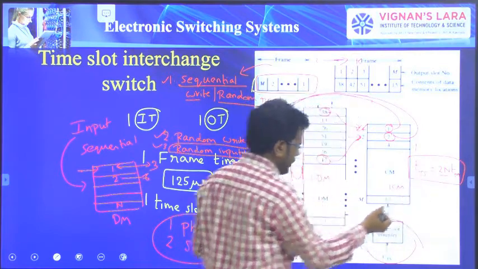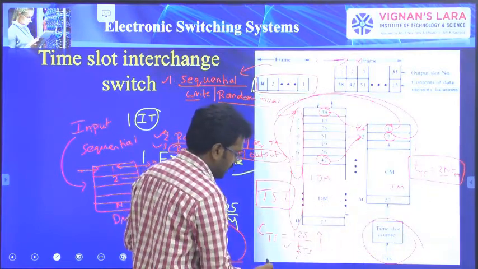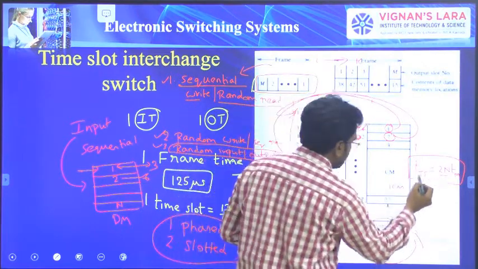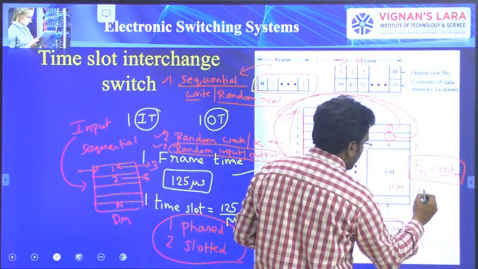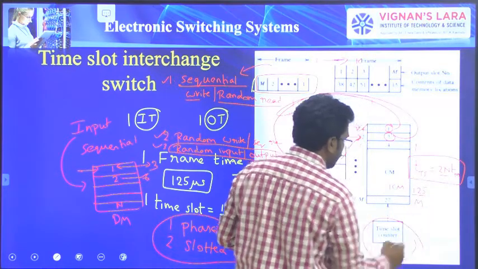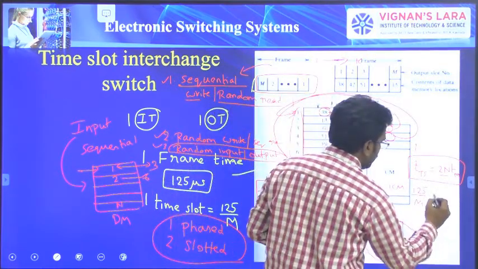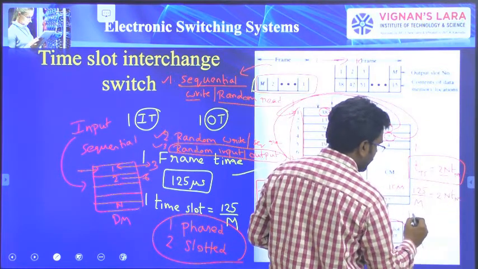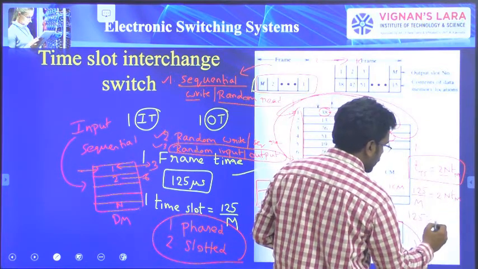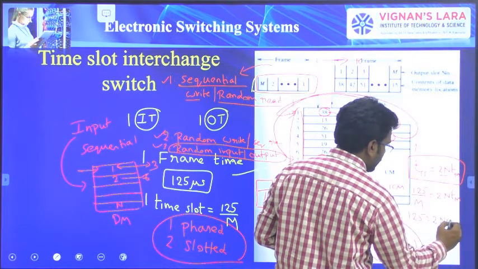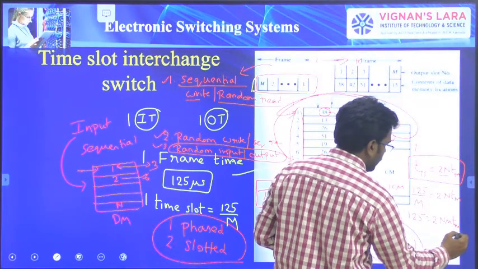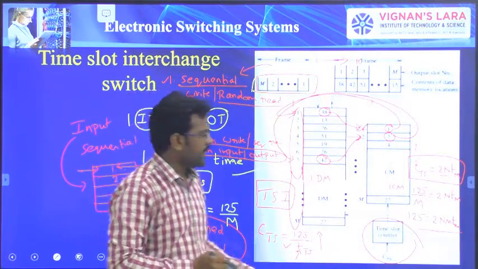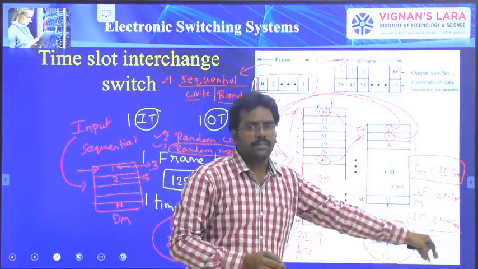What is TDS? It is 125 by M, sorry, 125 by M. TD is nothing but 125 by M, that is equal to 2 into n TM. Therefore, 125 is equal to 2 n M TM. So in this duration of 125 microseconds, you are able to accommodate this many subscribers.